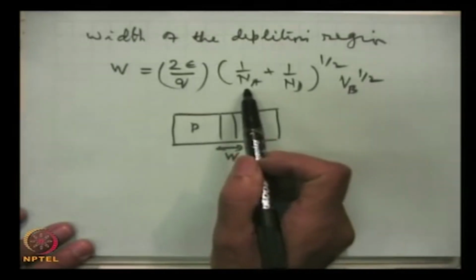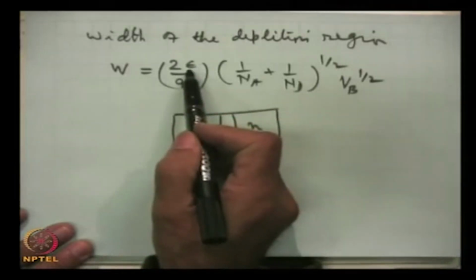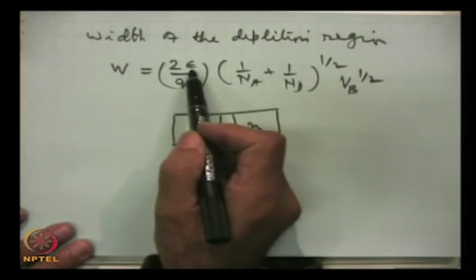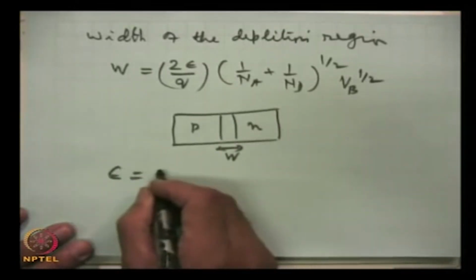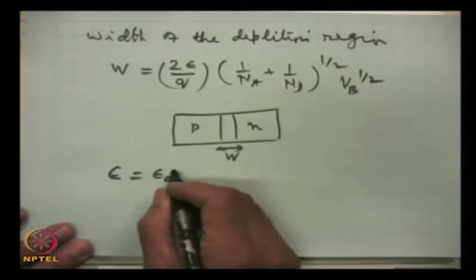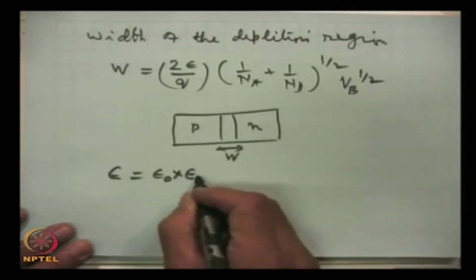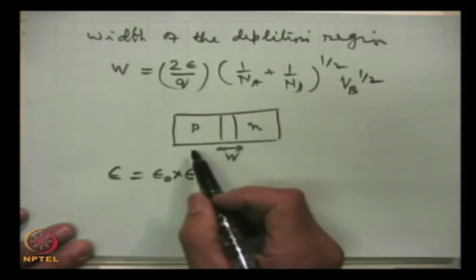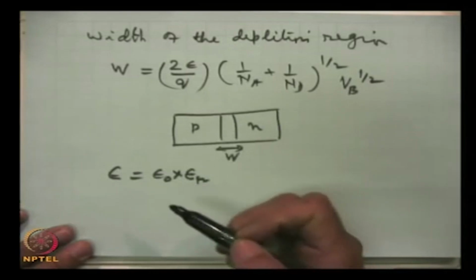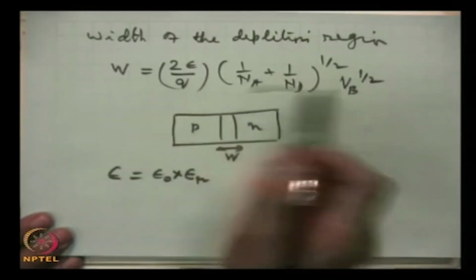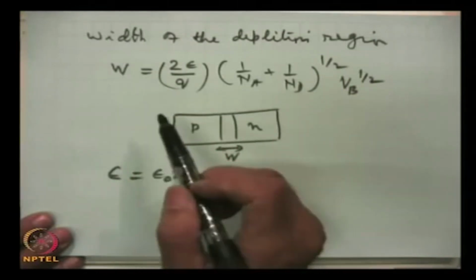the impurity concentrations, and of course, epsilon is the permittivity, which is equal to the permittivity of free space times the relative dielectric constant. For silicon, this is around 11.5. So, we can calculate the value of the depletion width.